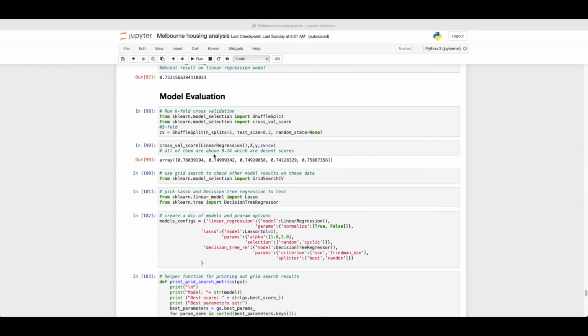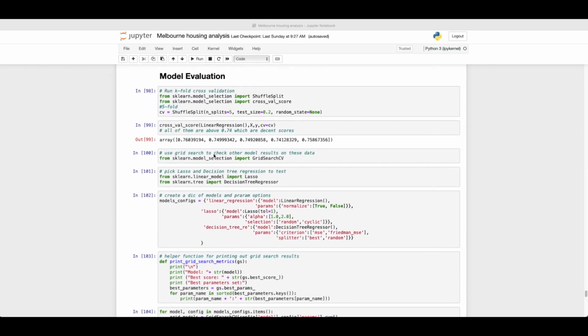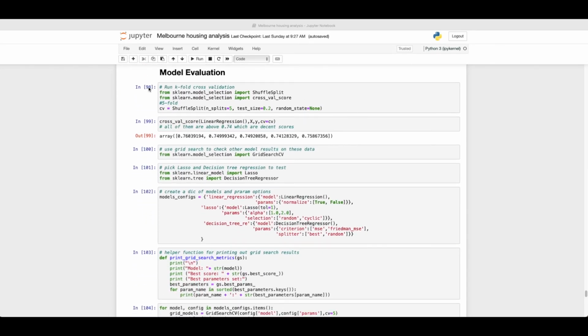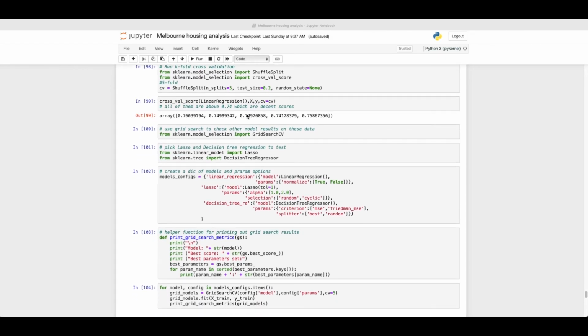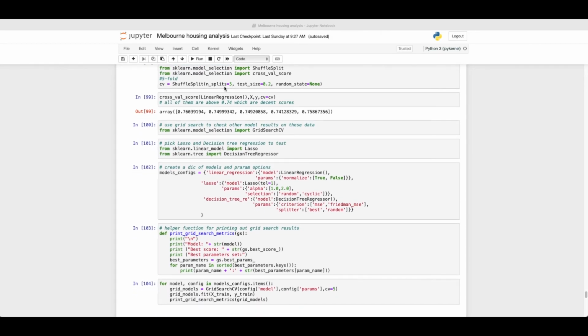Okay. Next is model evaluation. I ran a k-fold, actually it's 5-fold, cross validation here. I imported the shuffle split from scikit-learn model selection, and also the cross validation score here. I picked 5-fold here.